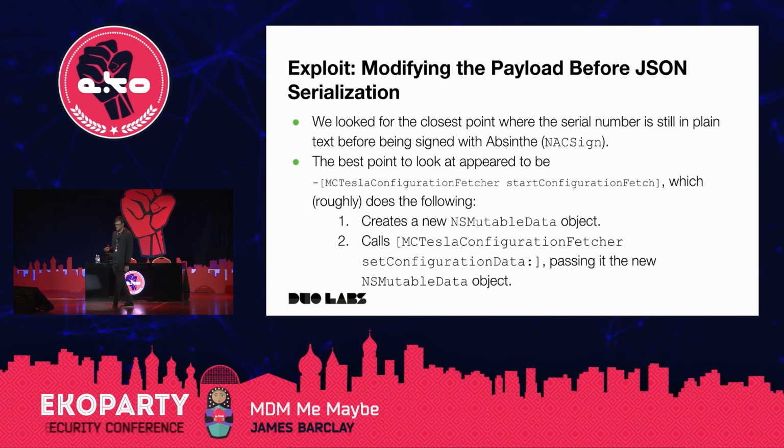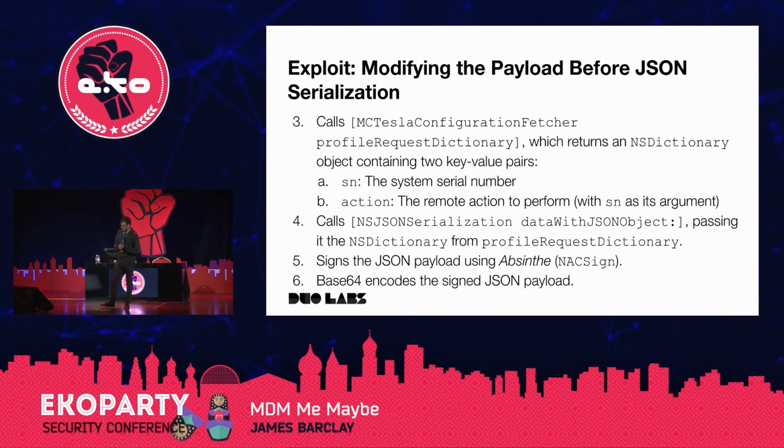It appeared that the best place to look was this MCTeslaConfigurationFetcher startConfigurationFetch method, which does the following. It creates a new NSMutableData object, calls this setConfigurationData method, passing it the new NSMutableData object, calls this profileRequestDictionary, which returns that dictionary that contains those two keys that we've seen earlier.